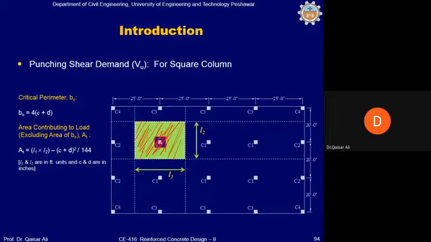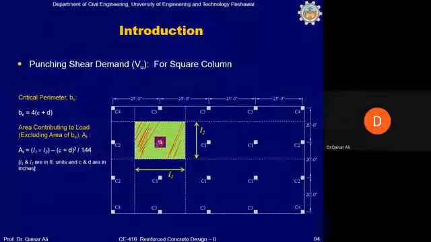However, for the case of punching shear, we will deduct this part. If you want to calculate the weight of the green area, then the load of the inner part must be deducted from the total weight.